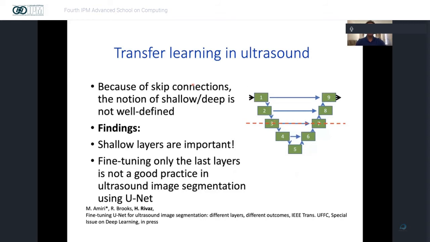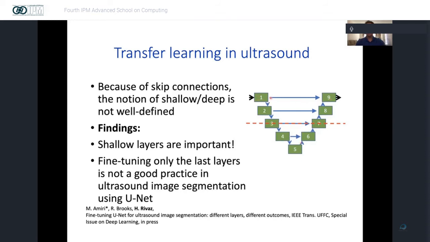Now, one confounding factor here is that because of the skip connections in UNet, the concept of shallow versus deep is not very well defined. This layer, for example, can be considered deep because we have to go all the way here to reach it.